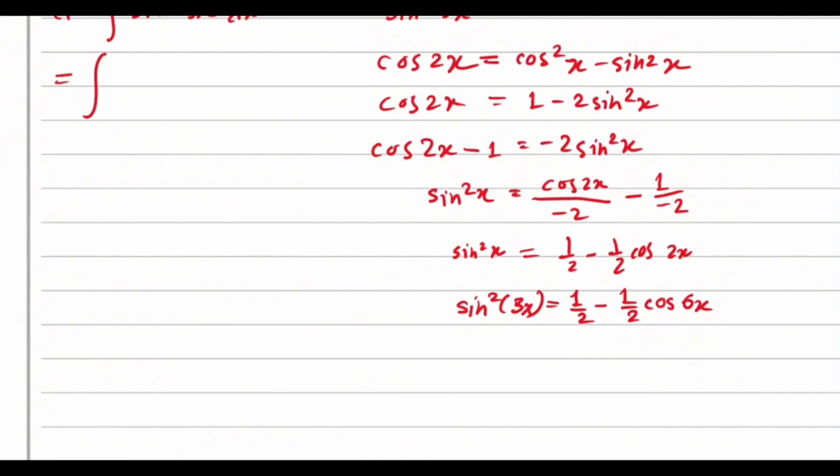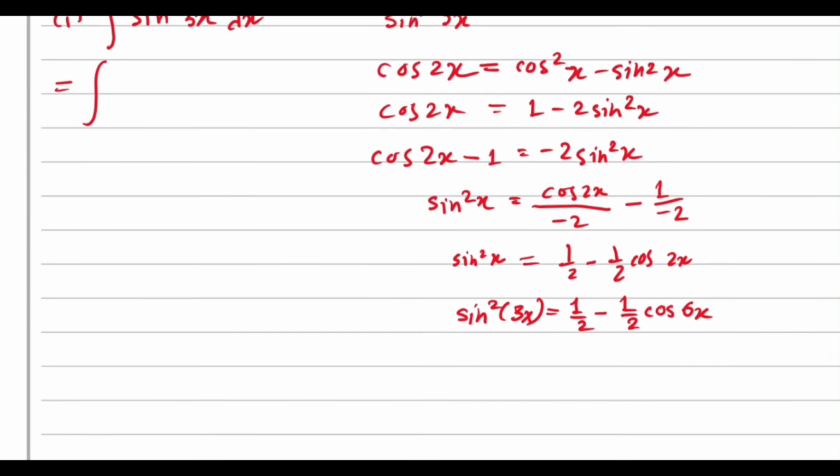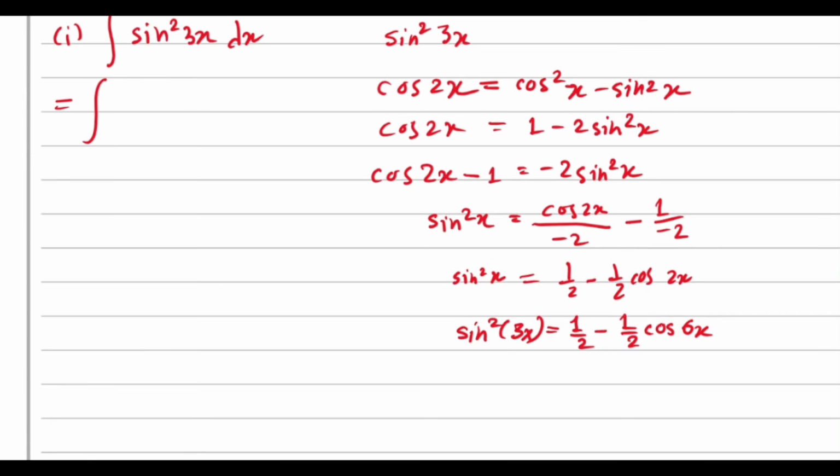Now what we can do is substitute this value into our equation. So in place of sin squared 3x, I will write half minus half cos 2x dx. I'm sorry, it would be cos 6x dx. Now we need to integrate.